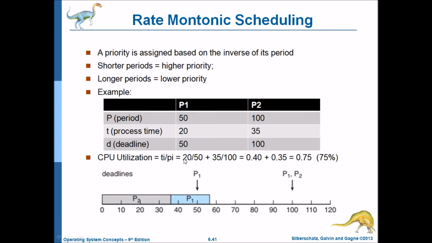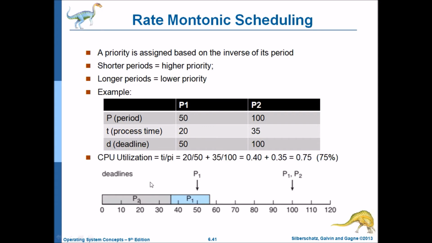So the processing time for P1, 20, over its period, 50, plus the processing time of P2, 35, over its period, 100. So 20 over 50 results in 0.4, and 35 over 100 results in 0.35, for a total of 0.75 or 75%. Therefore, it seems we can schedule these tasks in such a way that both meet their deadlines and still leave the CPU with available cycles.